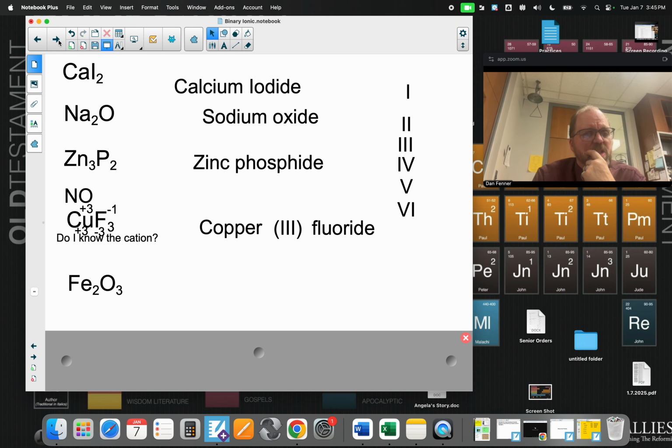All right, let's try the next one. Fe2O3. Now, if you remember the elements, Fe, where the giant says to Jack, fee, fi, fo, fum, I smell the blood of an Englishman. What element is in blood? Iron, so Fe is iron. O is oxygen, so that's going to be oxide. Now, do we know the oxidation of iron? No, we don't.